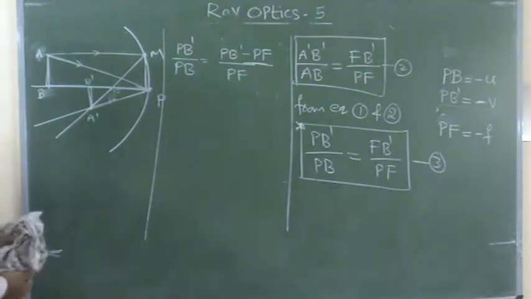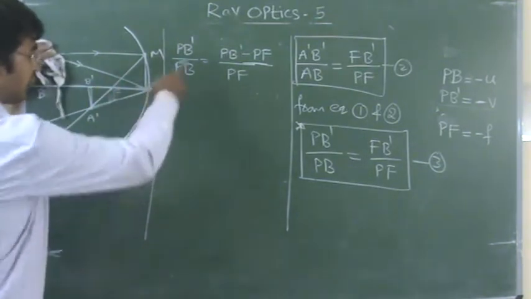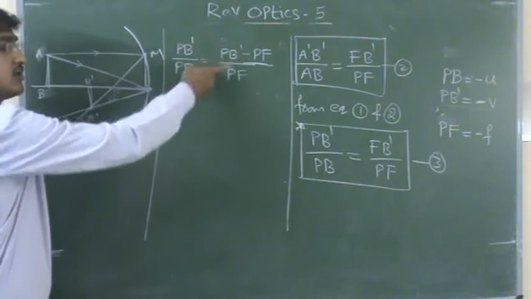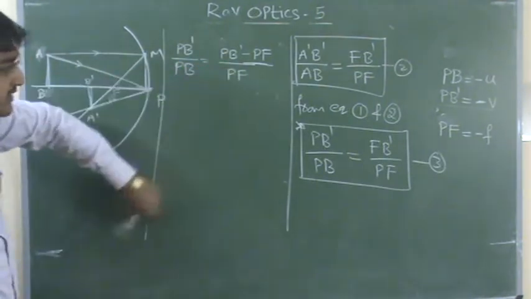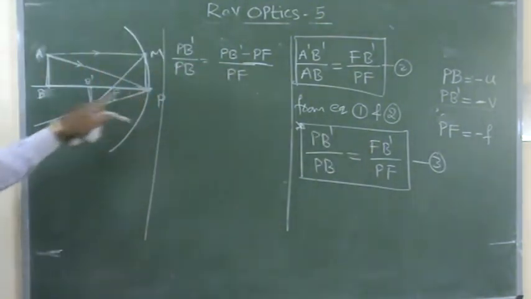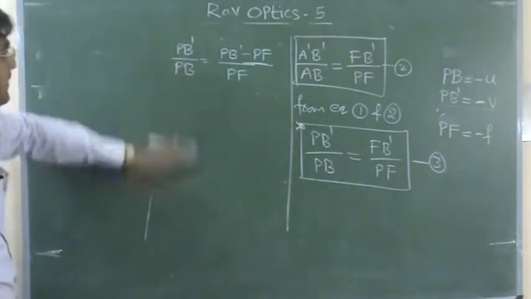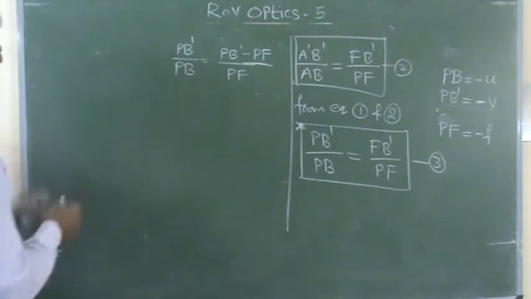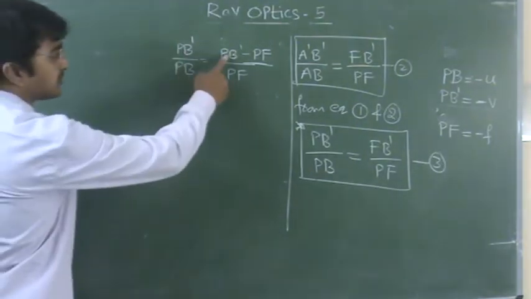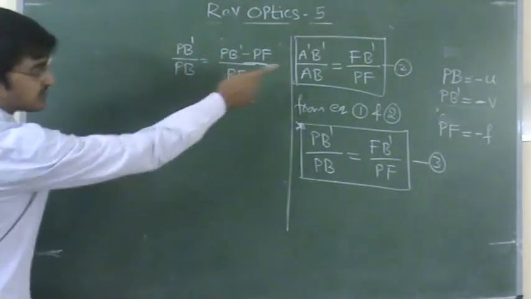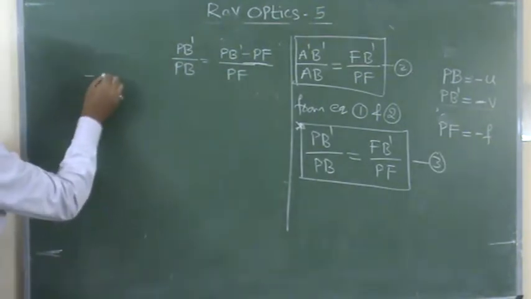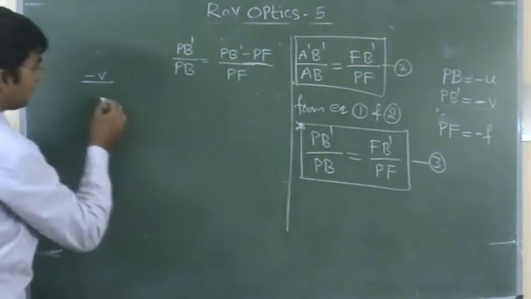Now I think there's no need of this diagram because we have taken the reference of the diagram to write the FB dash value. So what do we have? PB dash by PB is equal to P dash B. What is the PB dash value? Minus V. What is the PB value?